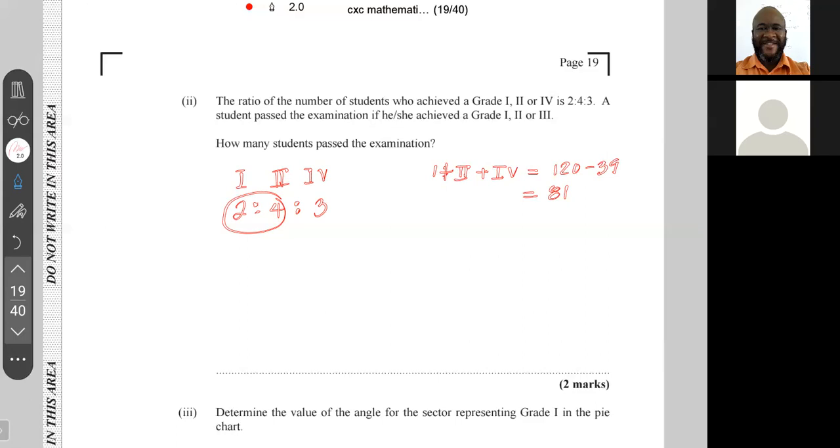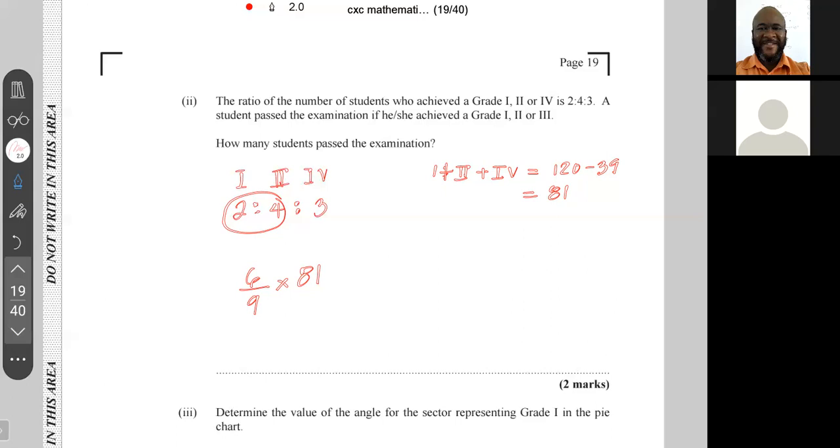So 1 plus 2 plus 4 is 81 students. Those who get 1 and 2 together are 6 out of the 9 parts.